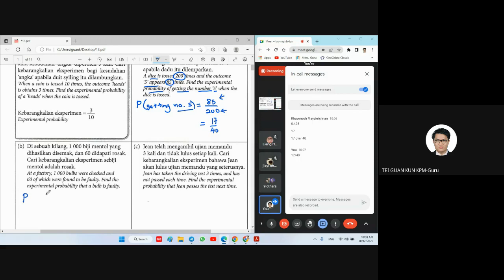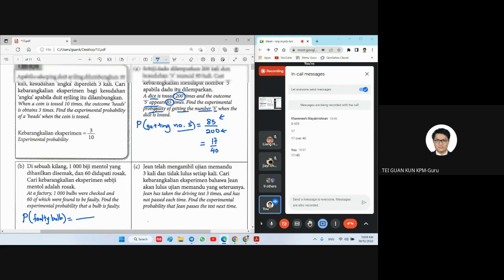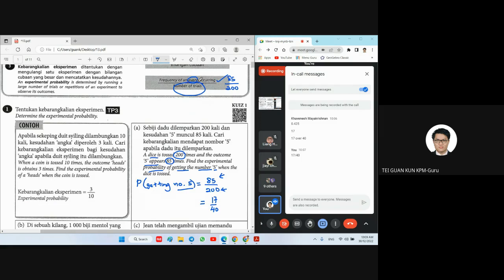P stands for the probability of, okay, what do we want? Faulty bulb, equal to, okay, use the formula. Okay, the formula is what? The frequency of the event occurring.